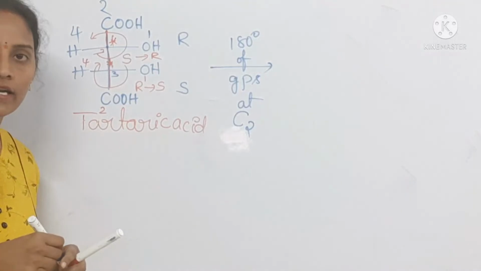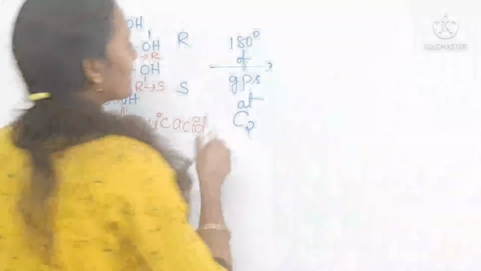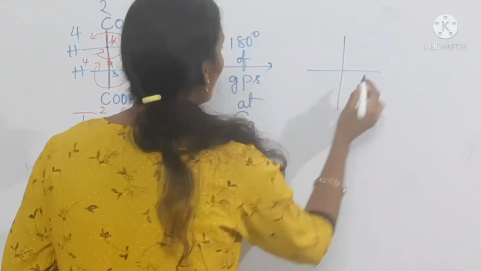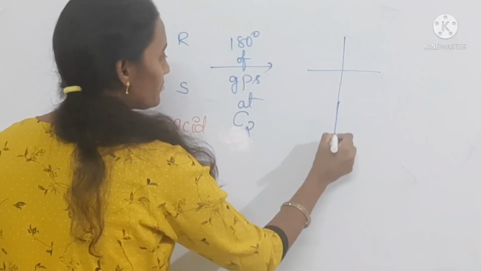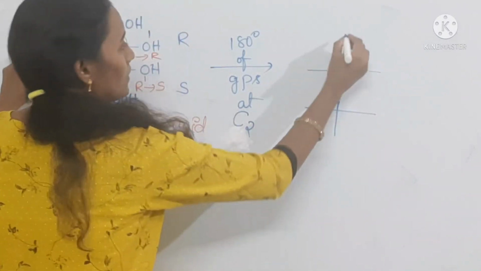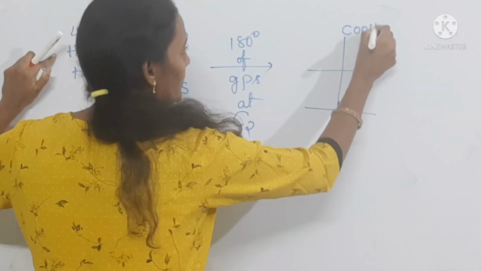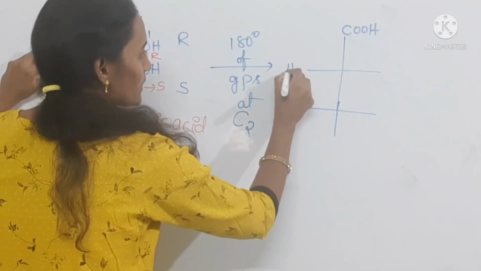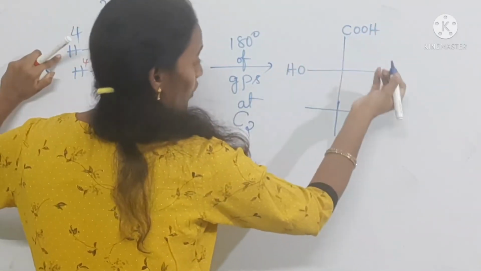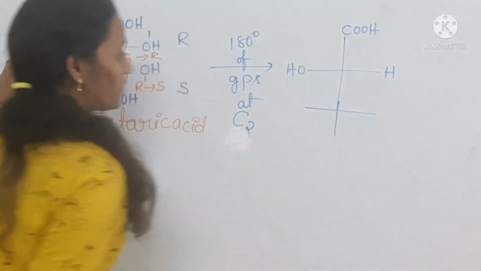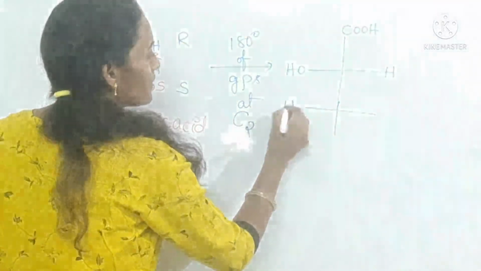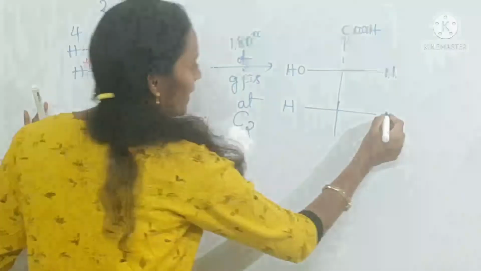So what will you get here? Remaining all are the same, students. COOH is the same here, but hydrogen takes the OH place and OH takes the hydrogen place. The groups at the second chiral center remain the same.